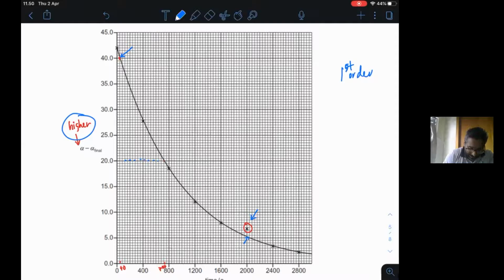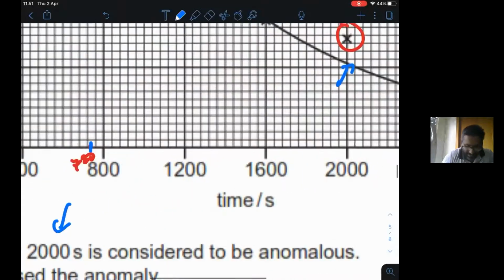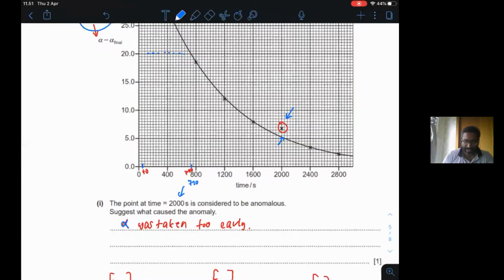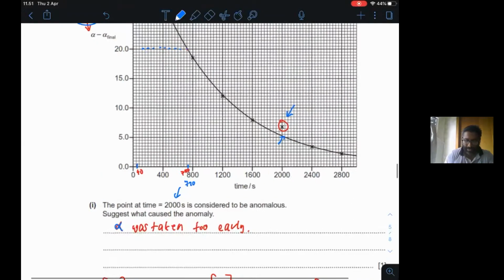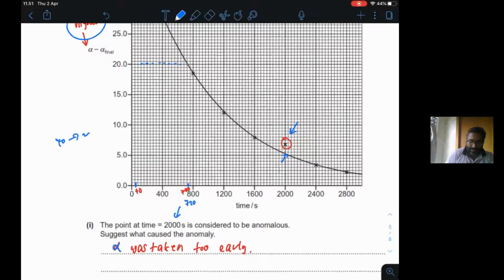When I bring it down, this is 40, and when I bring it down, it's going to be 720. Each small box is 40. So my half-life, from 40 to become 20, you can see it's going to be from 720 to 40.